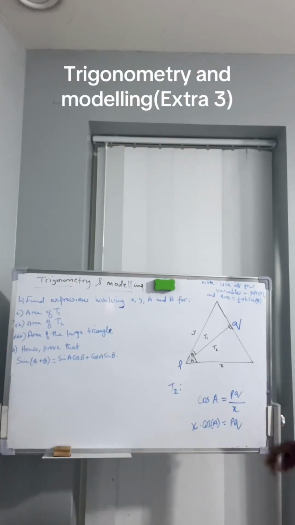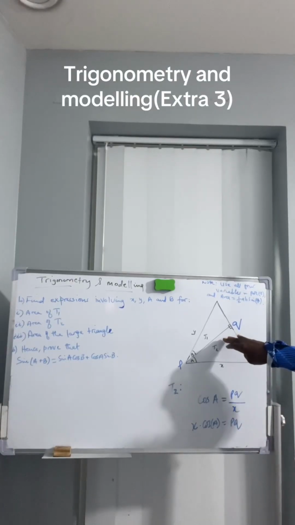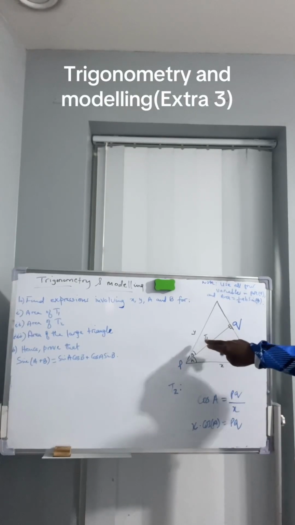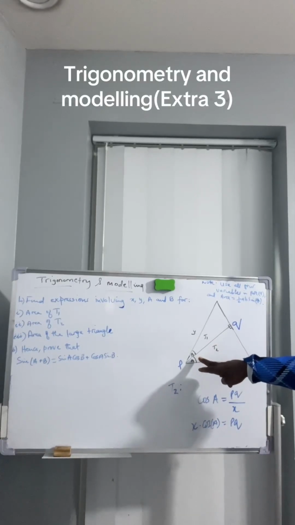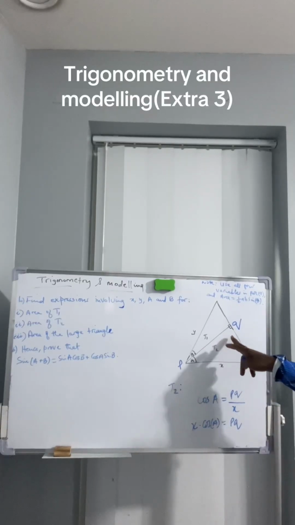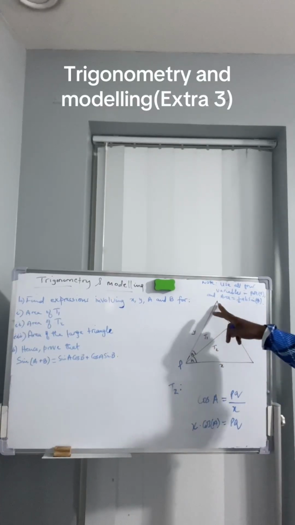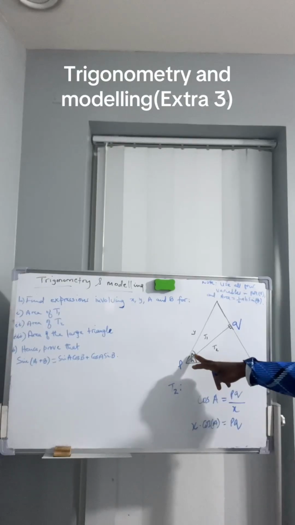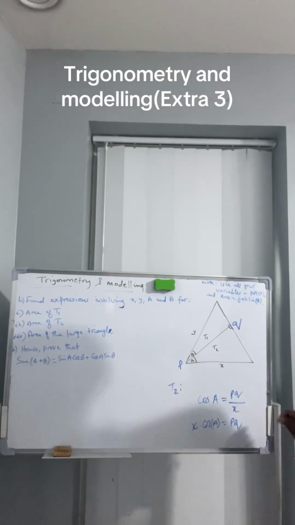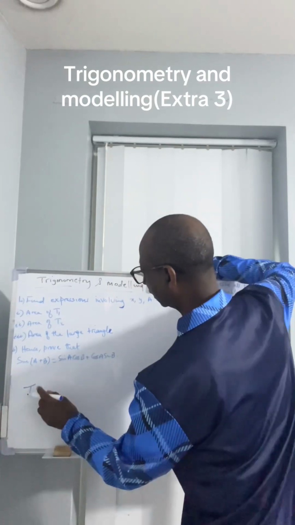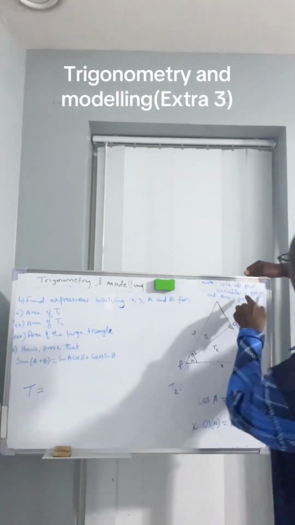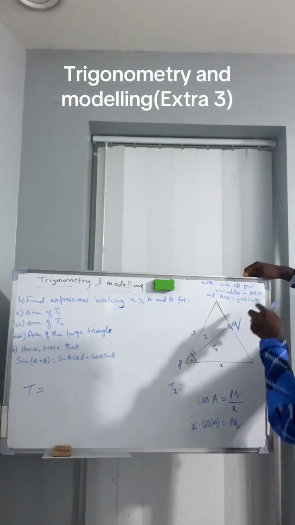So now we've got an expression for PQ. It's x cos A. Having this side, we now know what this length is. We can now find the area of this triangle, T1, because we know the formula is given to us here, half AB.